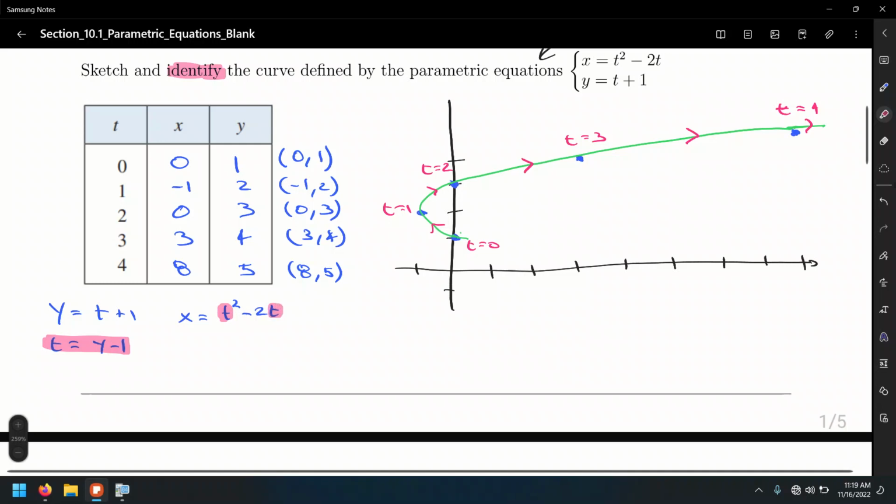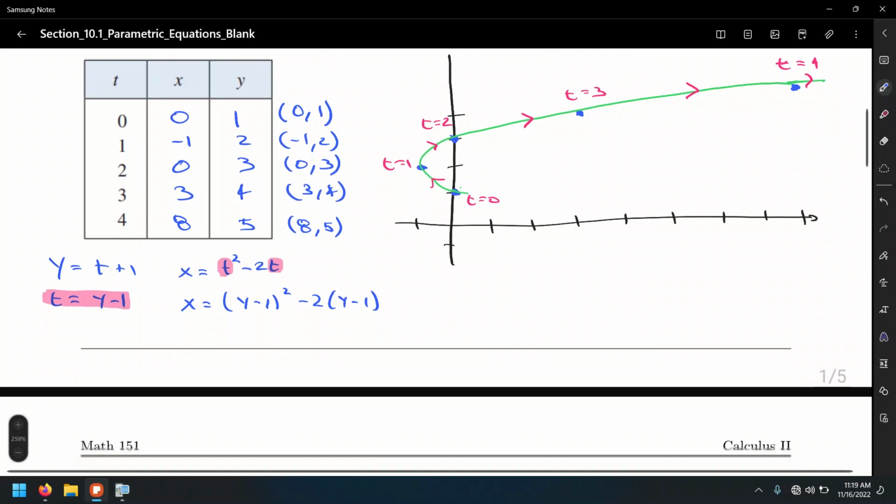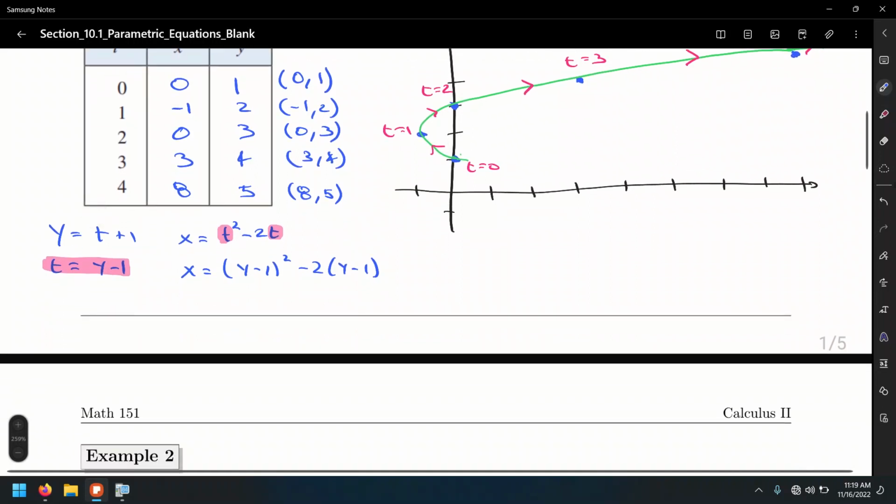Just substitute (y minus 1) squared minus 2 times (y minus 1). And we just obtained an equation without the parameter t, so we eliminated the parameter. We obtained the equation in Cartesian form, in x and y, where we plot ordered pairs without following any order, without a sense of direction, as opposed to the parametric form.